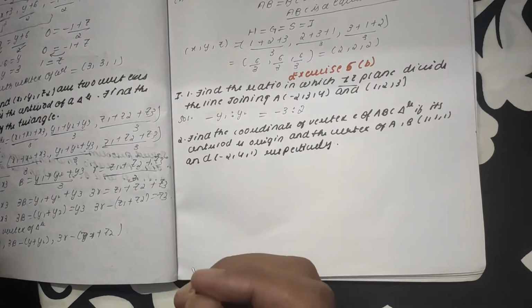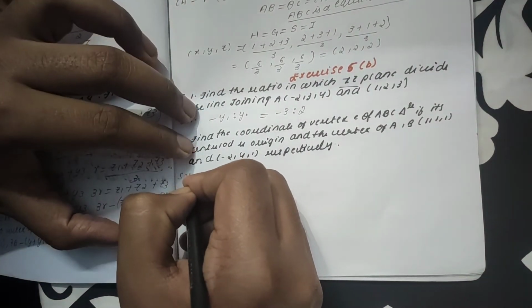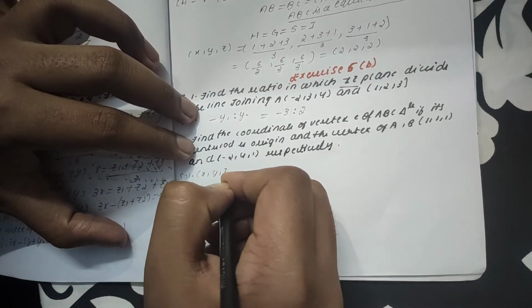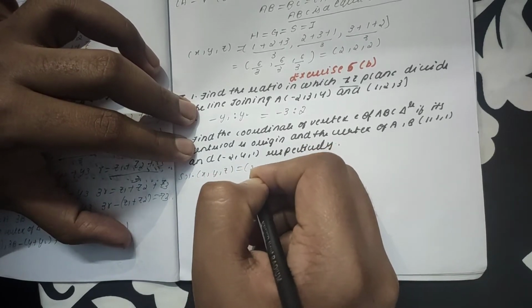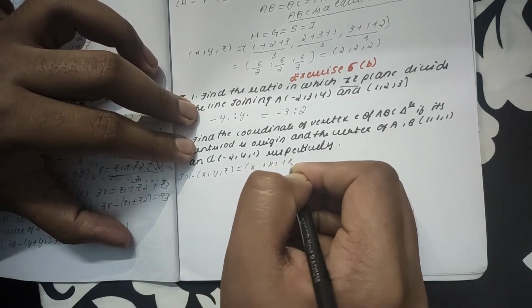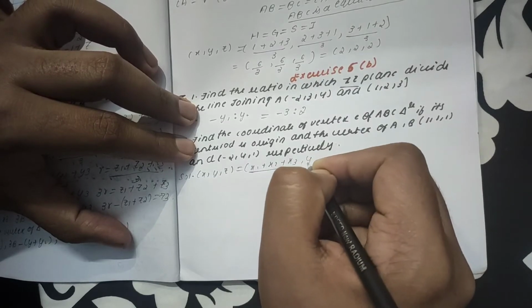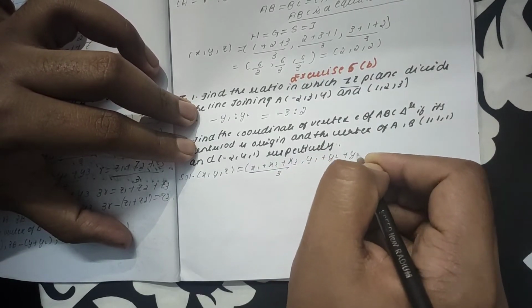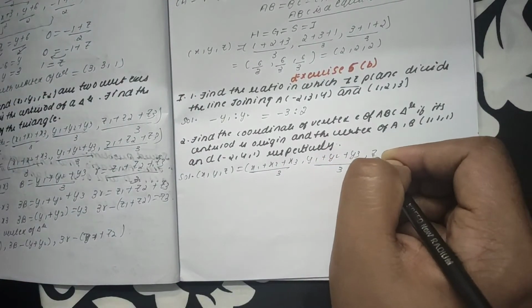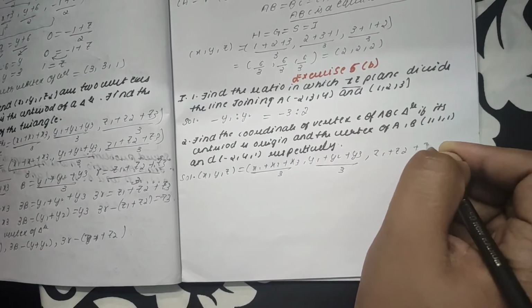In order to solve this sum, we are using the formula of the centroid of the triangle, which is (x, y, z) is equal to (x1 plus x2 plus x3) by 3, (y1 plus y2 plus y3) by 3, (z1 plus z2 plus z3) by 3.